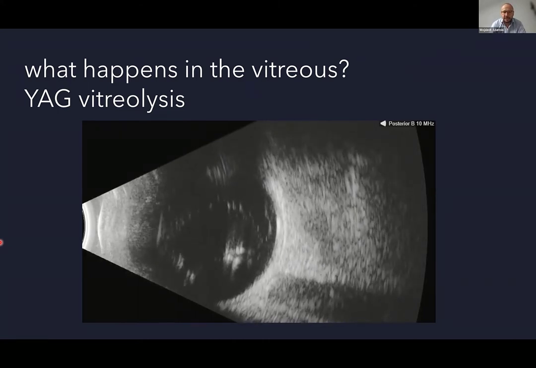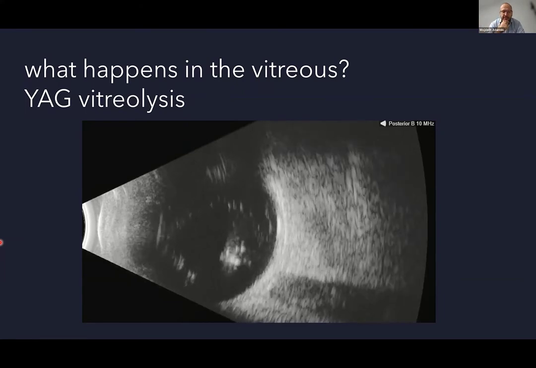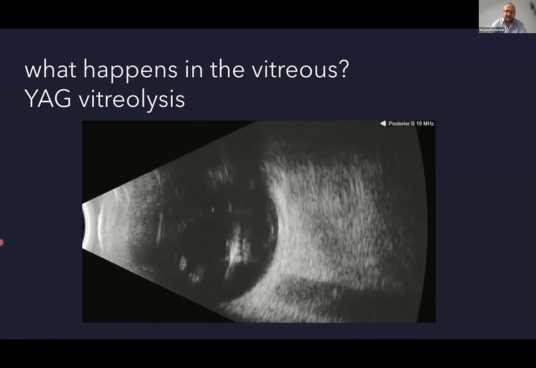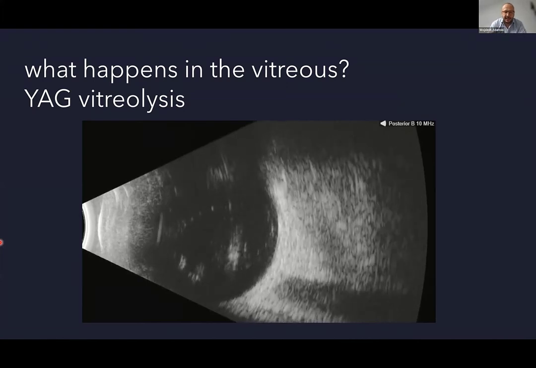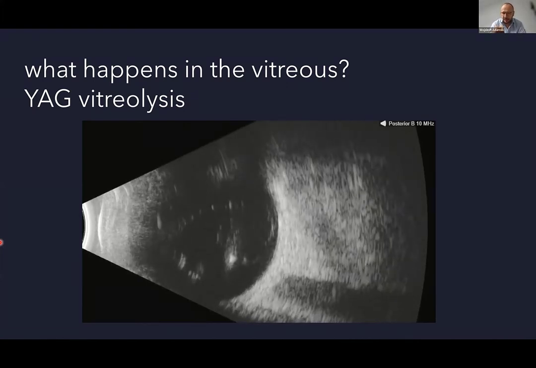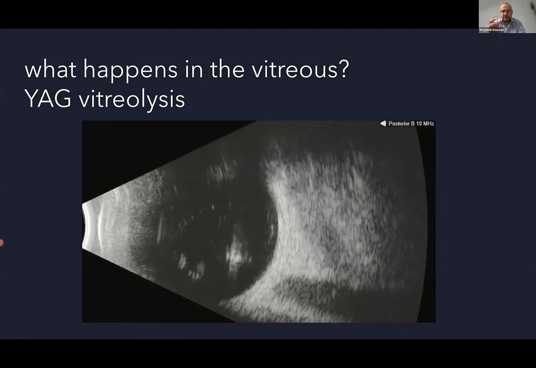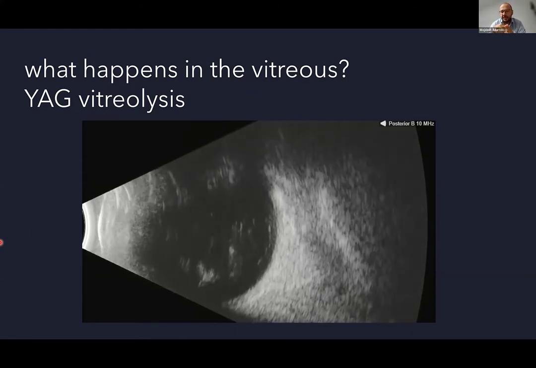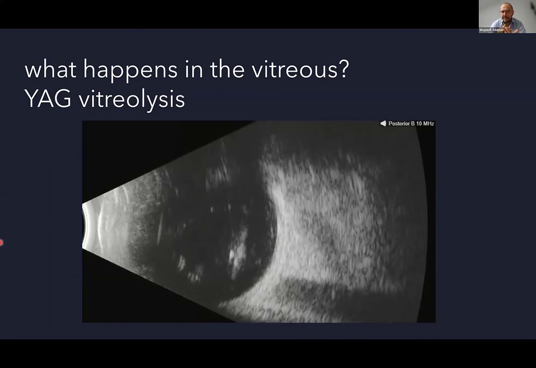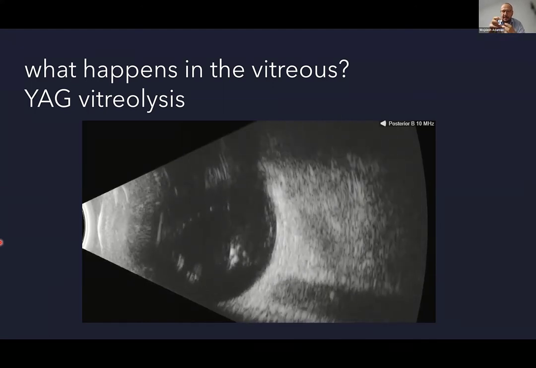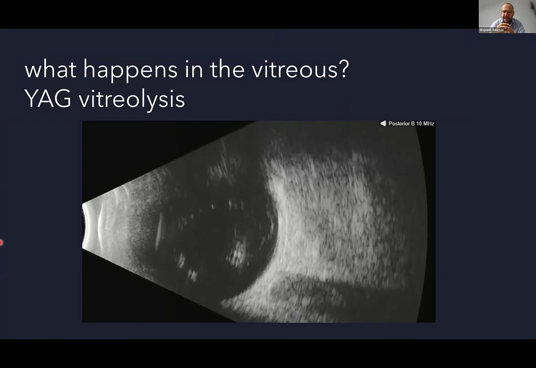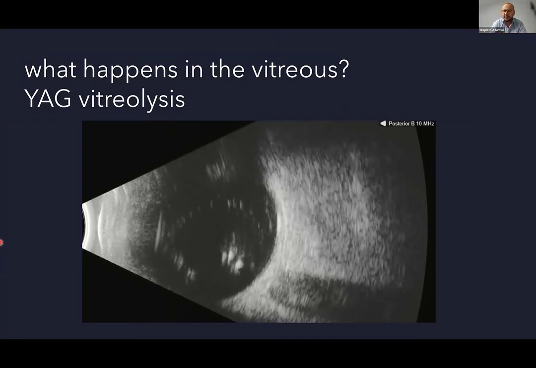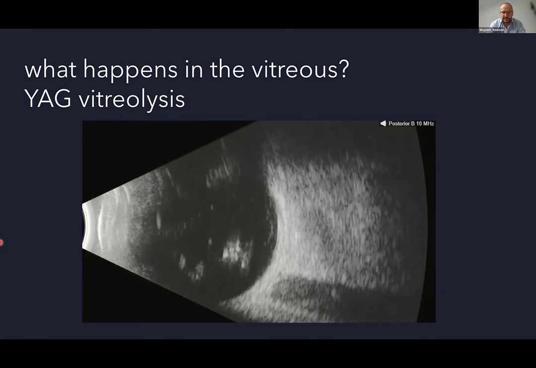So what we did was Andrew was performing vitreolysis, and I was using a probe that I touched the eye and tried to see what's going on really in the vitreous. So why we did this project was, first of all, we really wanted to see if the thing that we're doing in the vitreous is not affecting the whole vitreous as it was advertised when vitreolysis was being introduced.